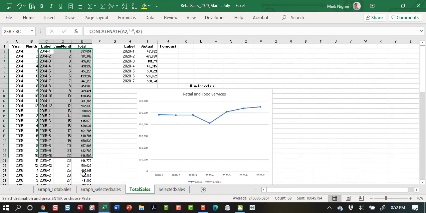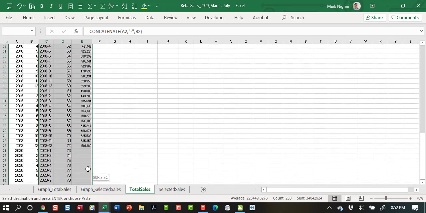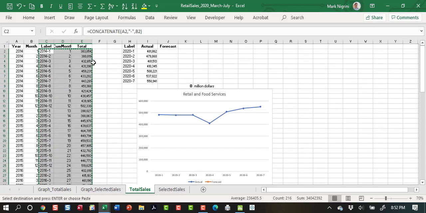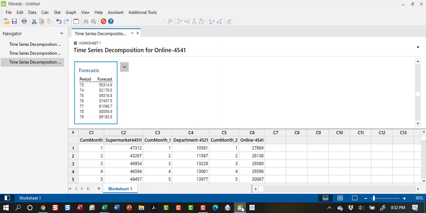So we'll go here, and I'm going to do copy. I have the year, the month, the cumulative month, and the total sales. We'll go back into Minitab.